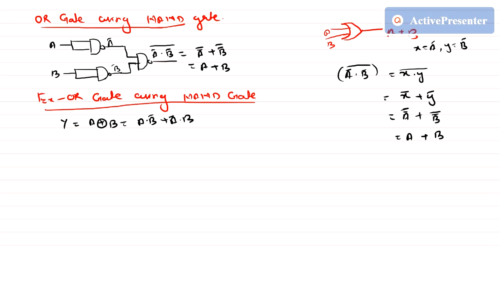So how to get that? A dot B bar. I will take A here.